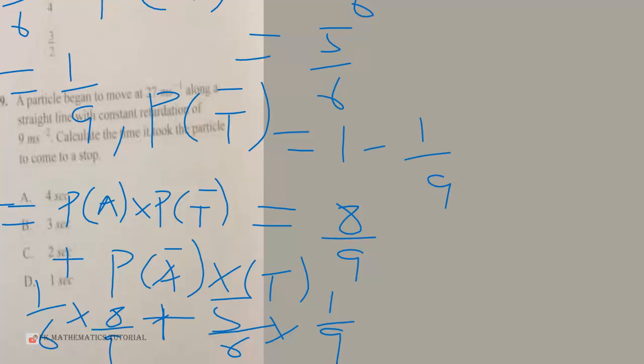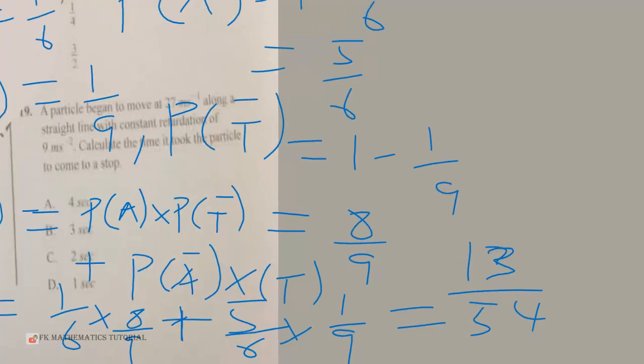So this will give you 8 plus 5. 8 plus 5 is 13. 13 over 6 times 9, which is 54. So 13/54.